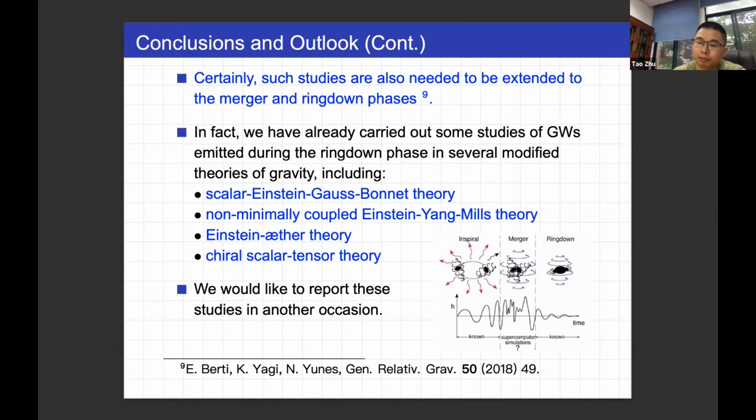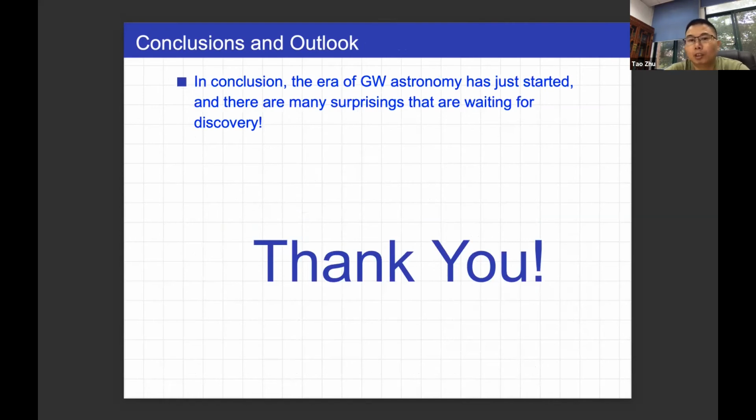So in conclusion, the area of gravitational wave astronomy has just started, and there are many surprises waiting for our discovery. That's all I would like to present today. Thank you very much for your attention.